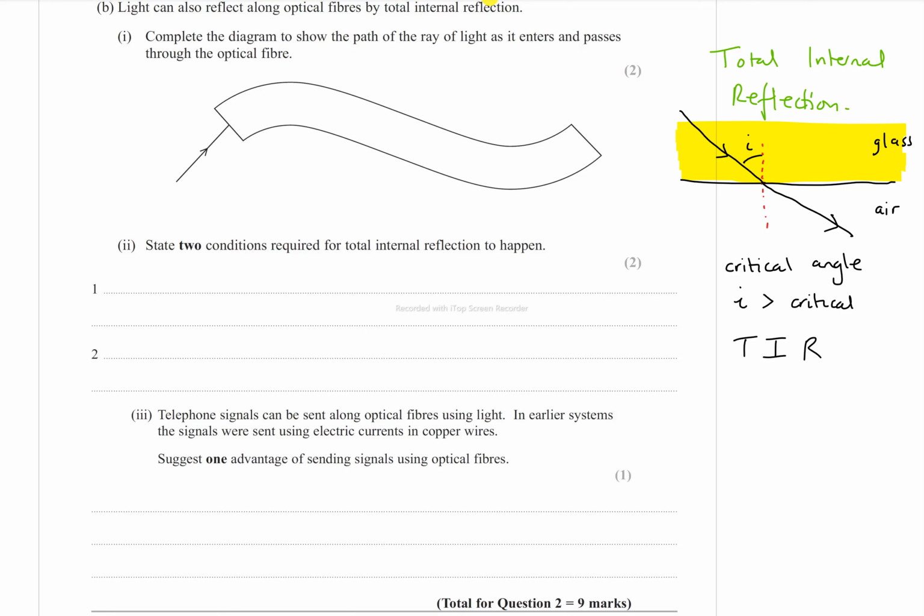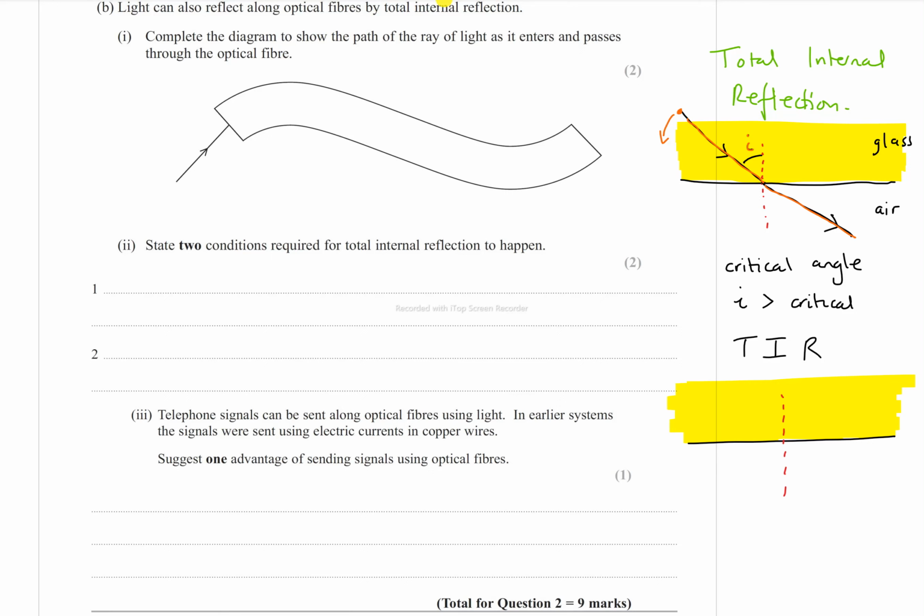Let me explain that. So this has come in and gone through. Now I'm going to move this line here, because I want this angle to be bigger.